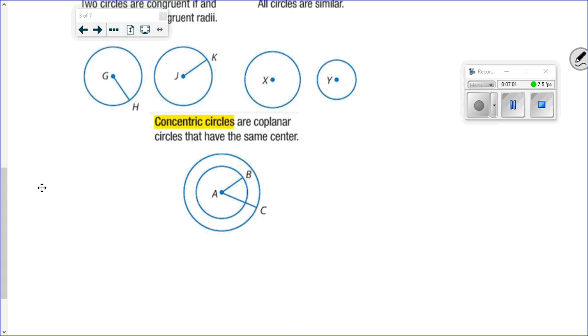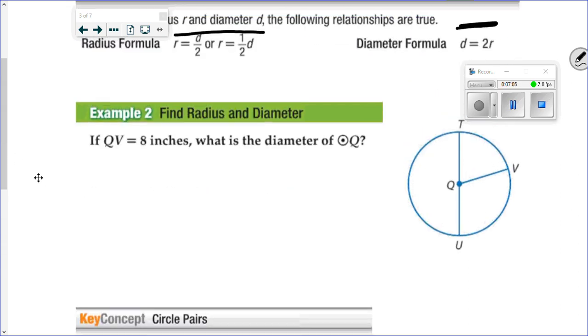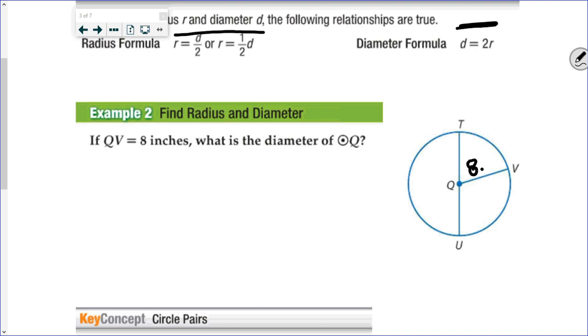So, if QV is 8 inches, what is the diameter of circle Q? QV is a radius, right? So the radius here is equal to 8 inches.